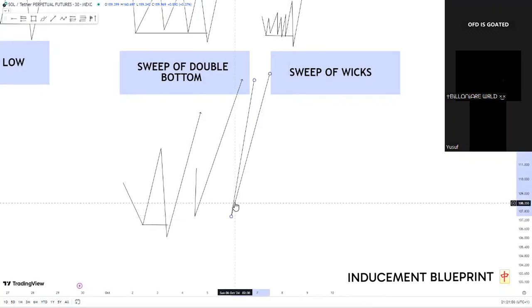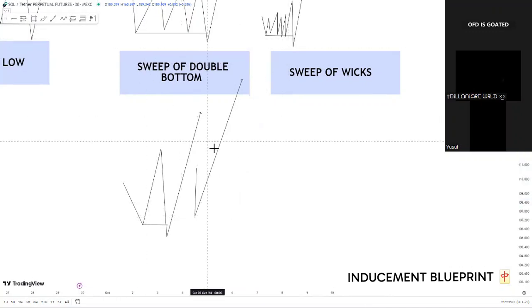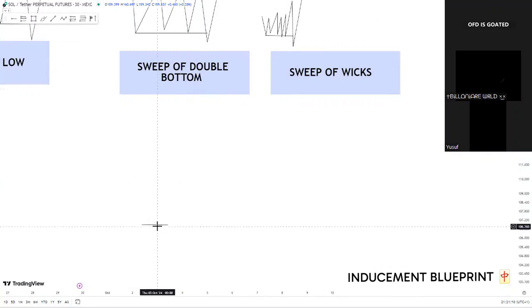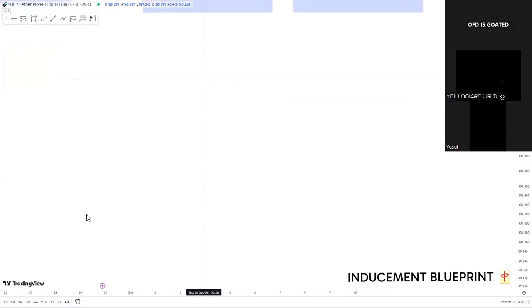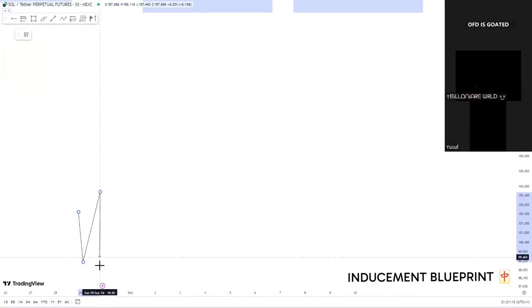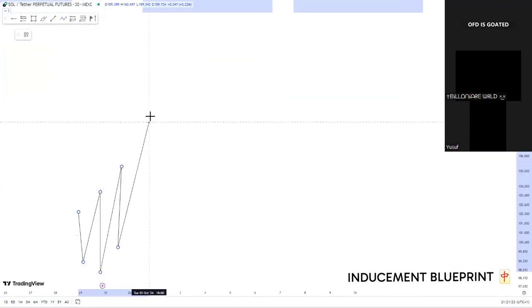So now, putting all this stuff I've said together, let me just map out the structure. Like I said, firstly, a valid sweep, an inducement, and then a break of structure to the upside. So this is what I mean. Firstly, a sweep, an inducement, and then a break of structure to the upside.